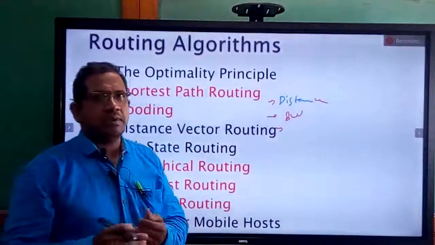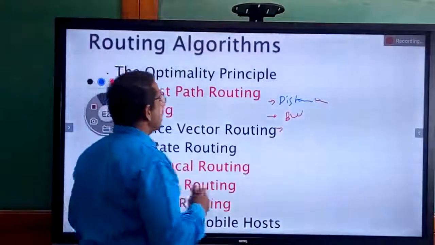Distance is one criterion, bandwidth is the second important criterion, and the third criterion is the cost.